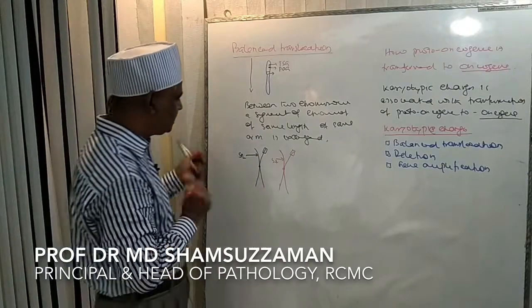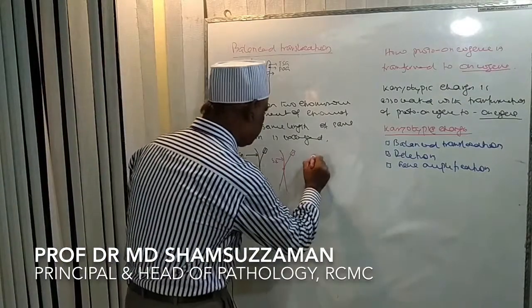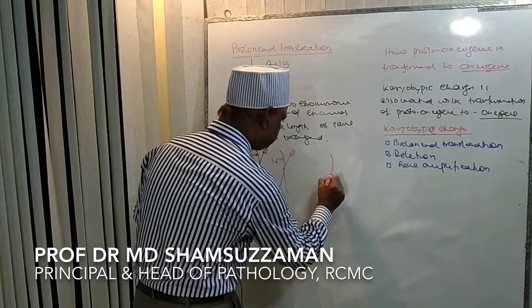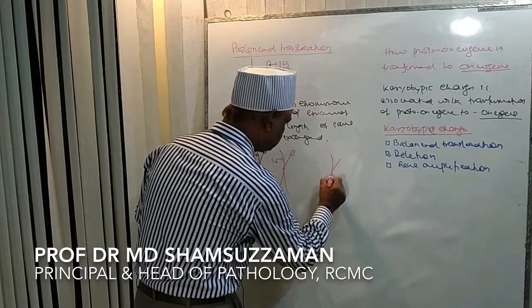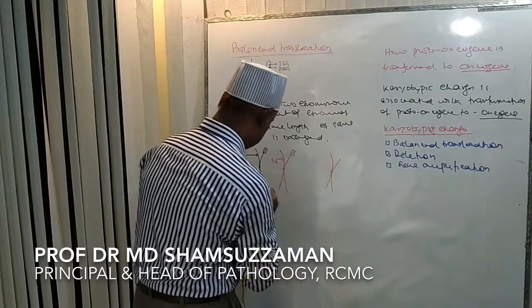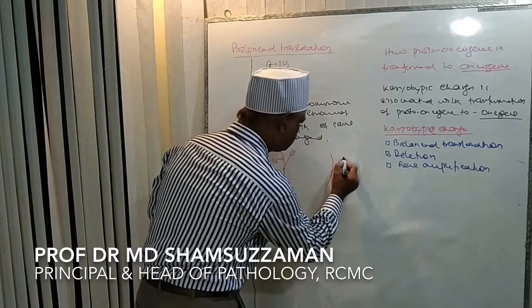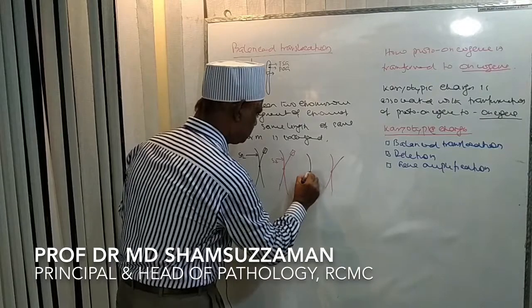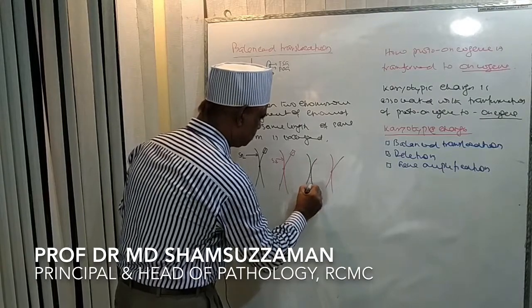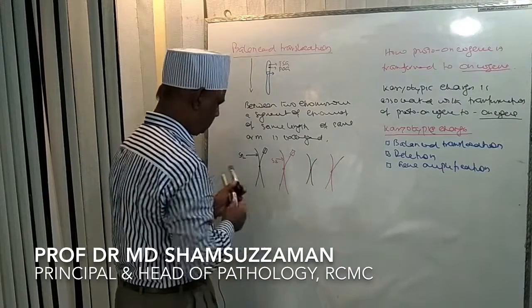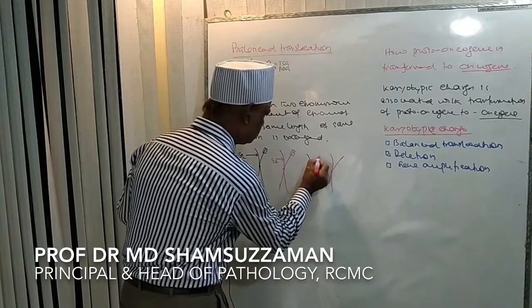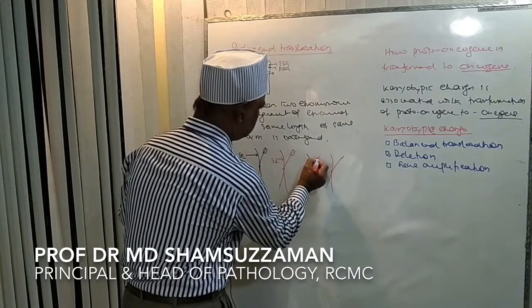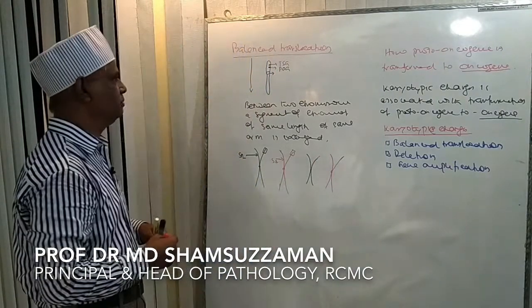After exchanging this length, we will get the chromosomes like this. So this is the balanced translocation.